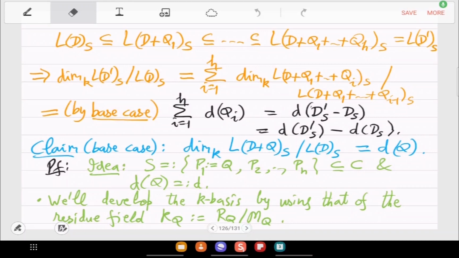What we have been doing two weeks ago is we started divisors of a curve, which for us is now just a function field K, transcendence degree 1. So divisors of C are just formal integral combinations of points, where a point should always be thought of as a prime ideal.